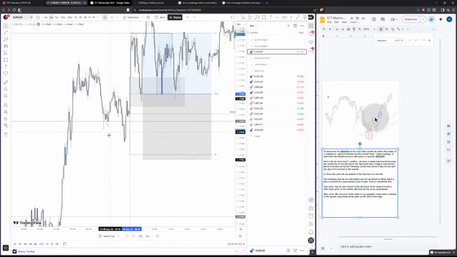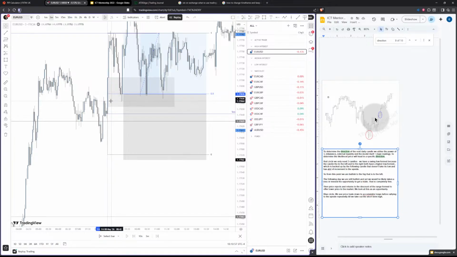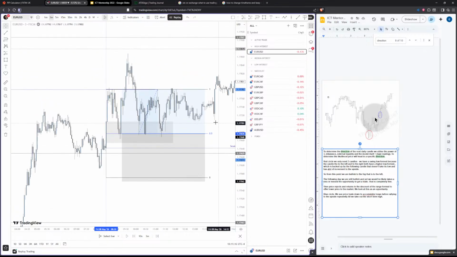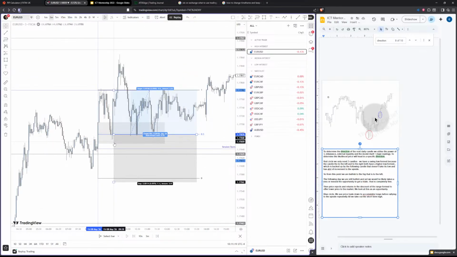Okay, so this open. Let's say we sweep low first, push up, create these equal highs. Come back here. You can actually utilize this order block instead.